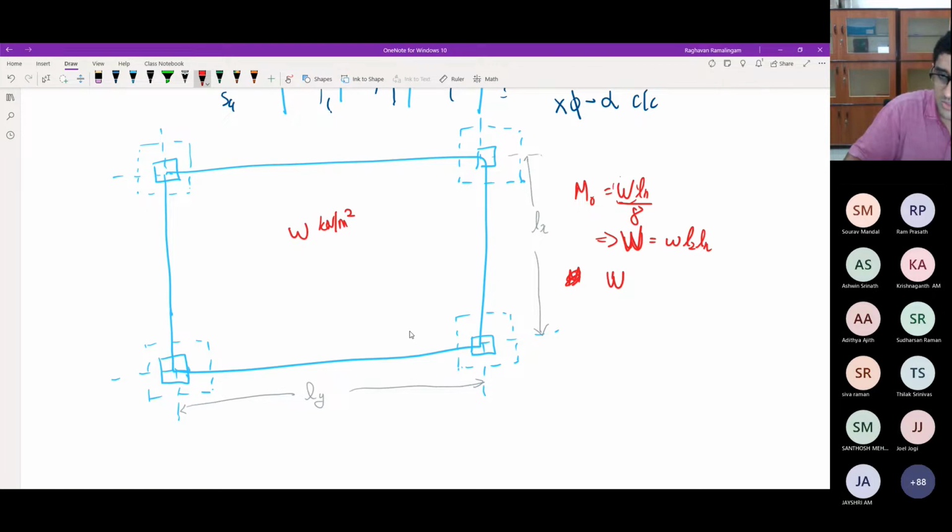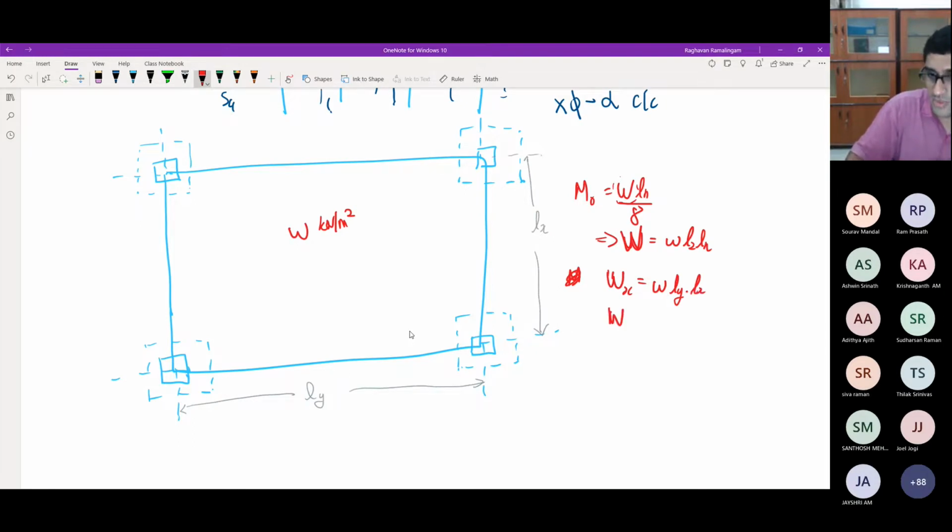Capital Wx, for finding the moment along the x direction, is w times L2, which for the x direction is Ly, times Ln. Ln is either Lx or 65% of Lx, subject to a minimum of 65% Lx. So mostly it will be Lx itself.